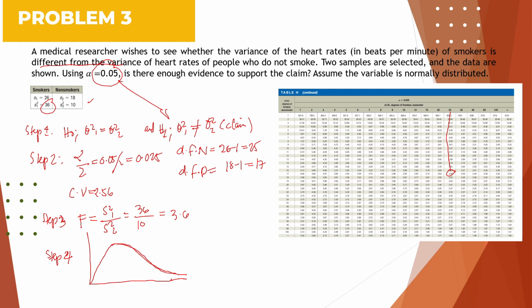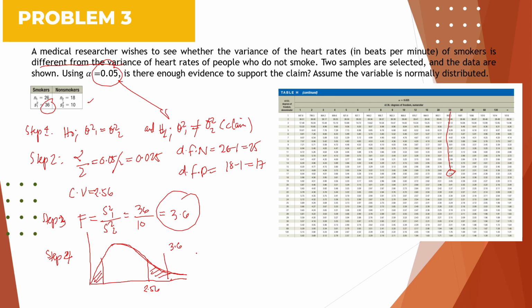And we have to write the critical value to the right. So this one, 2.56 to the right. And the test value, 3.6, is greater than the critical value.